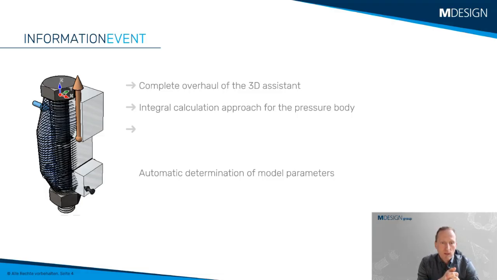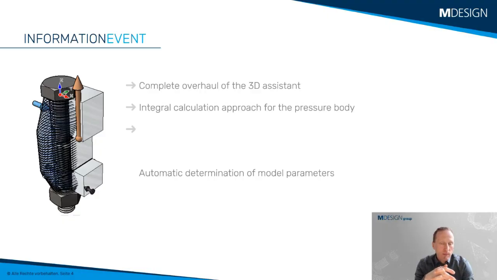So we have a complete overhaul of the 3D assistant. The 3D assistant was also available in 2024, but not with the full functionalities. Now it's full functionality, and you can make the modeling completely inside the 3D assistant. So it's really easy to model.